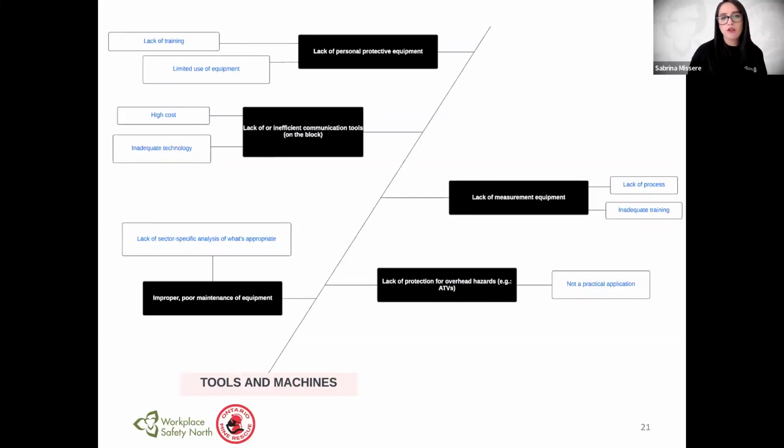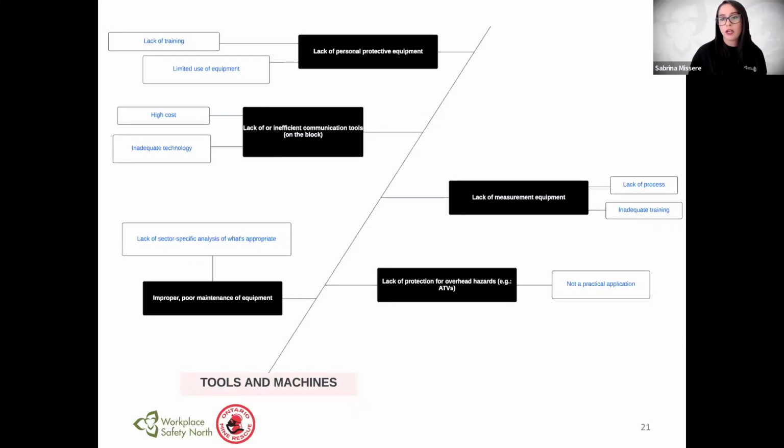So again, none of the tools and machines factors were voted into the top 10, but again, not an issue. And as noted, there were a lot of similar themes throughout each factor. So you probably were able to pick up on some, but we know that inconsistencies across the application, maybe the lack of measures and procedures, et cetera.